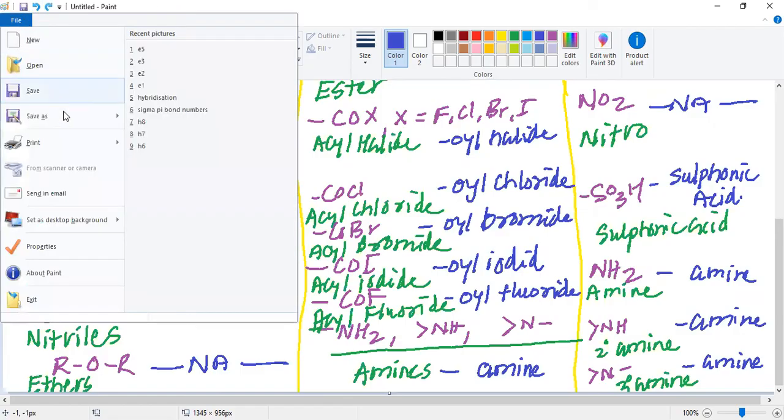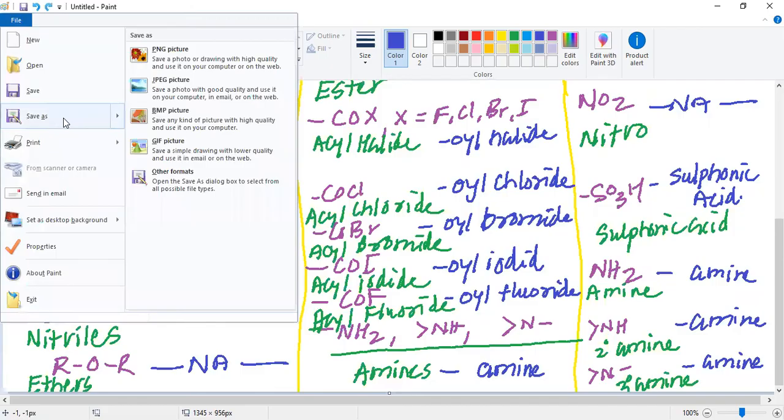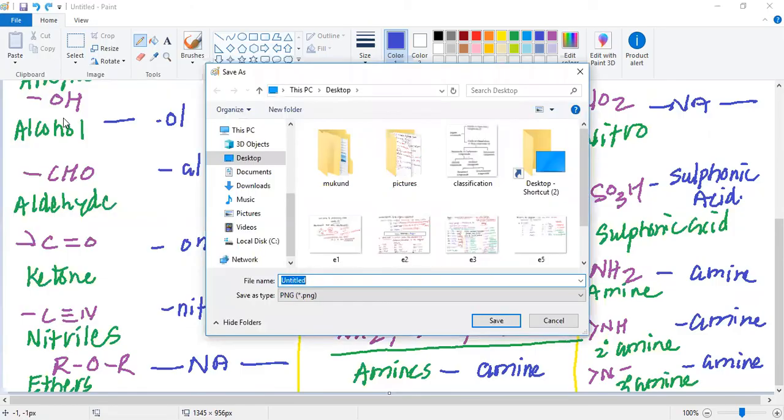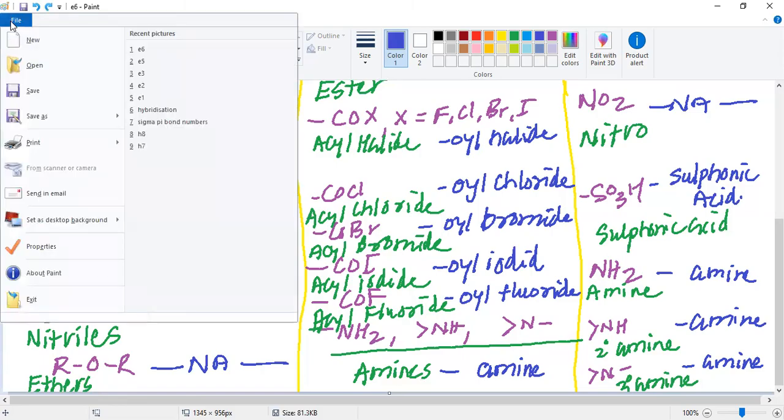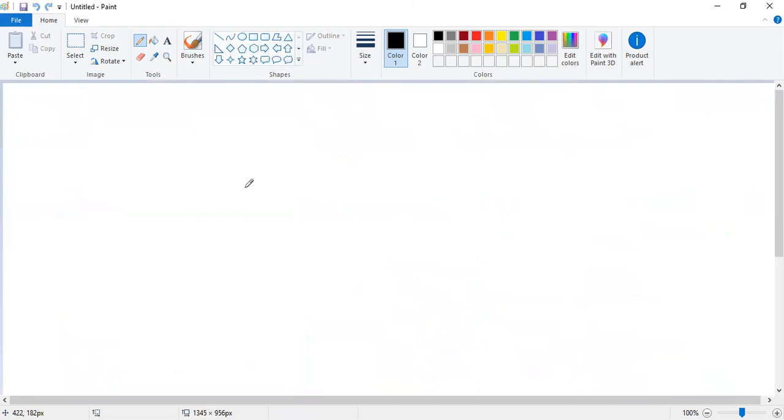I hope now, please learn, my dear students, these are very important points that you must remember so that you can understand the nomenclature very easily. We are now very clear with the three different parts of the names of organic compounds.